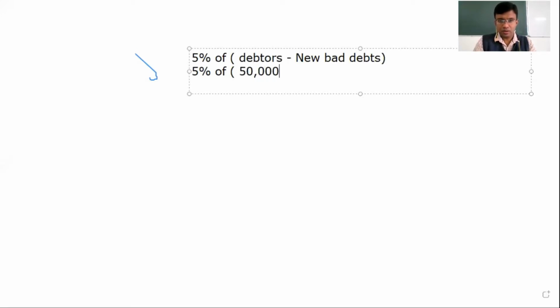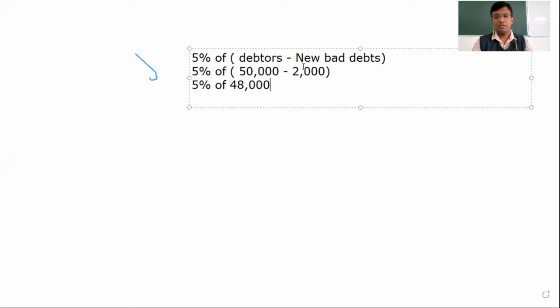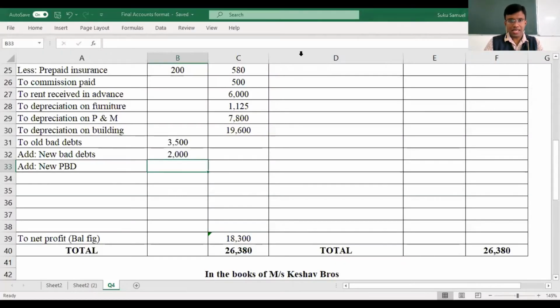So it is 50,000 minus new bad debts of 2,000, so this will be 5% of 48,000, which works out to be 2,400.